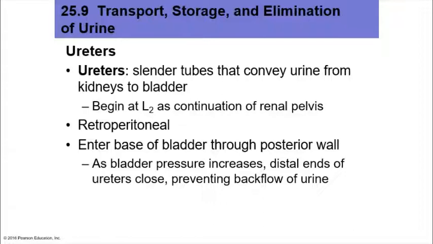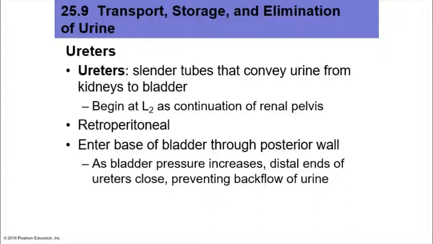Ureters drain urine from the kidneys and bring it to the bladder. The bladder temporarily stores the urine, and the urethra drains the urine from the bladder into the external environment. But we're going to break down their anatomy and remind ourselves where we find them in a little more detail.